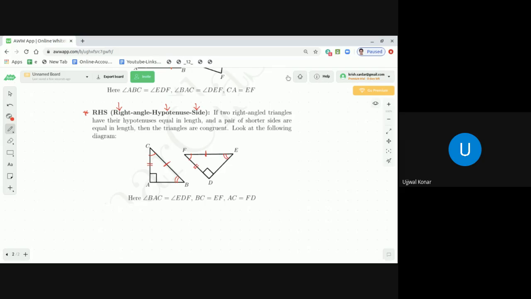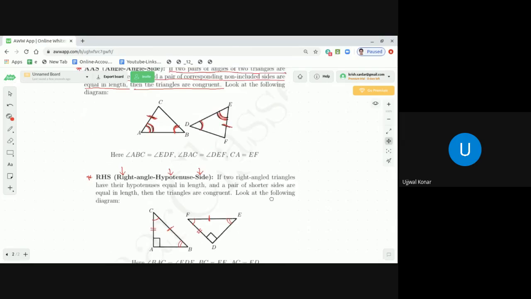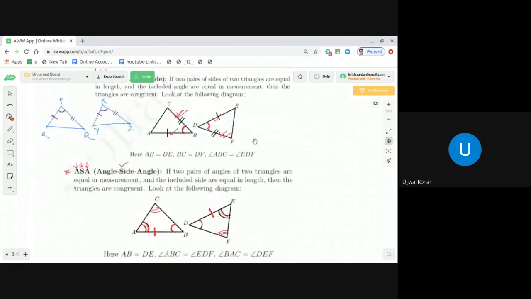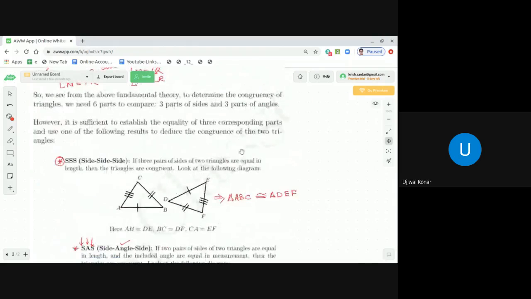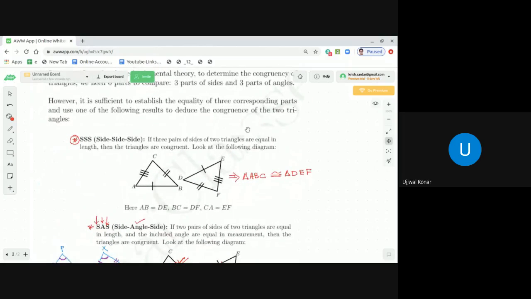Okay, dear students, have a quick recap before we proceed further. About congruency, I just want to say a few things about what we have learned so far. First we understood what is congruency, then SSS congruency.